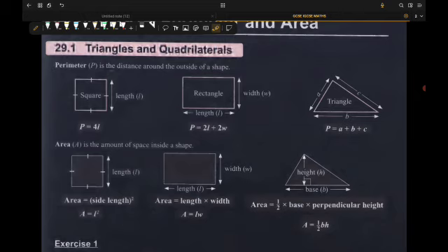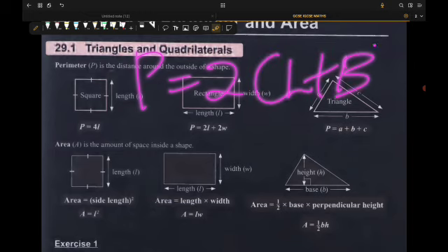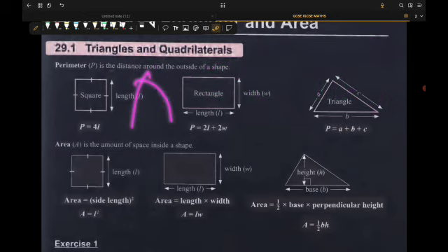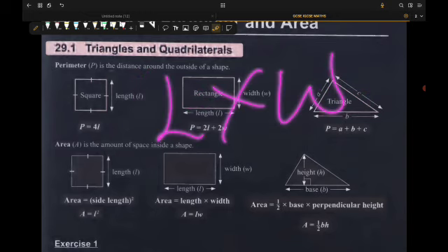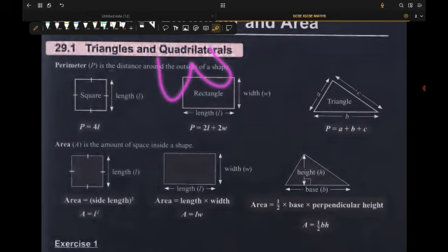It is a bit different from the calculation of perimeter, while perimeter is equal to 2 into bracket of length plus breadth. Area is always equal to length times breadth, or length times width. I told you that the width can also be called breadth. So we'll solve questions on area of a rectangle later.